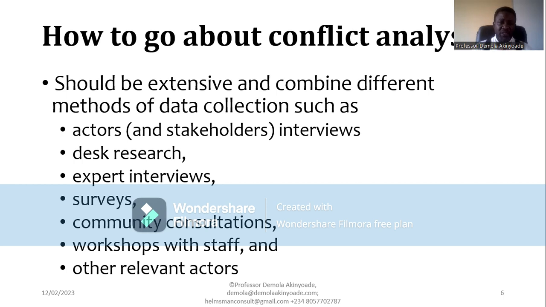Like I said in the morning, conflict mapping helps to make sense of the conflict. It's like parboiling rice before the proper cooking. So we also hold workshops with staff and so on. Other relevant actors are also taken into consideration.